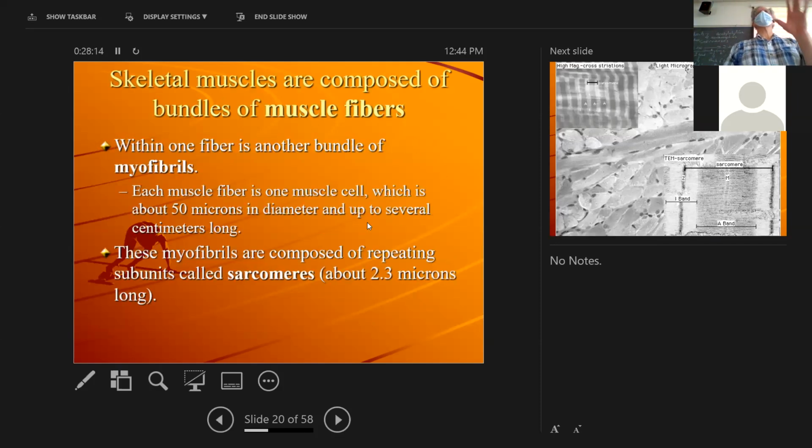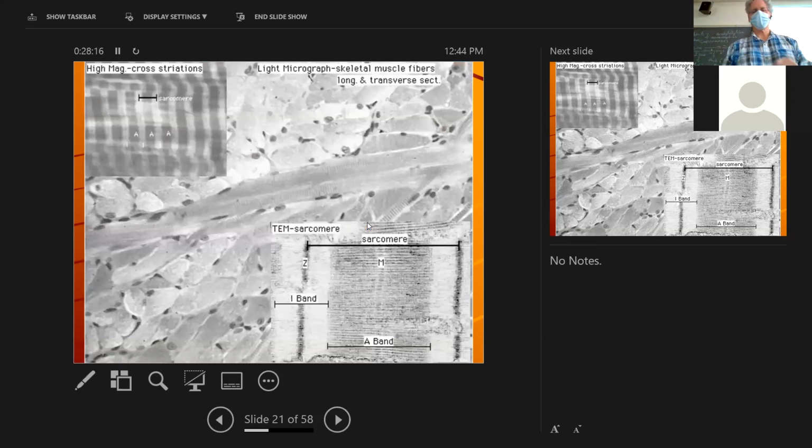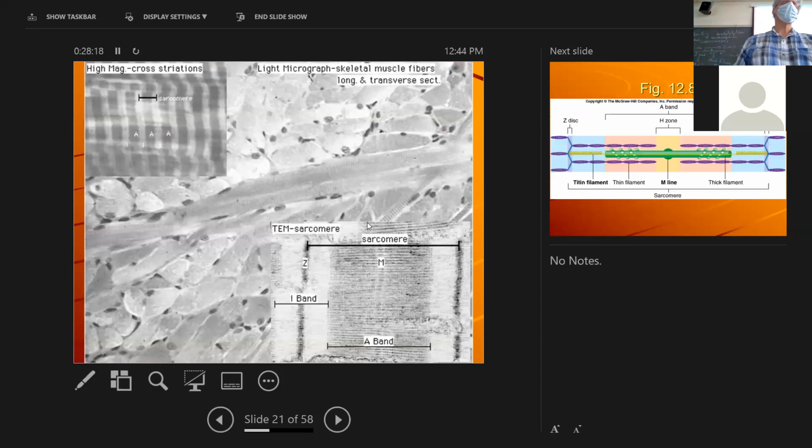All right, let's get back to the myofibrils. So with the myofibril, here's a nice transmission electron microscope image of a striated muscle. The striations are due to the sarcomeres. You blow this up. Here are your zebra stripes.